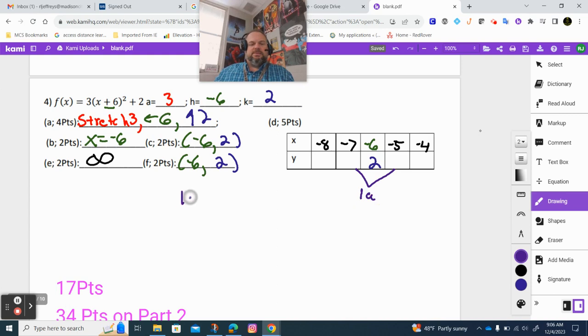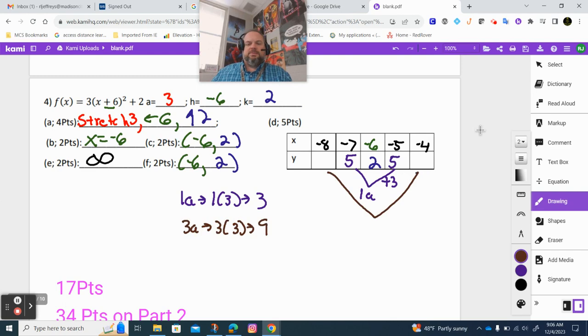So 1a is 3. So what is 2 plus 3? 5. All right. 3a is 9, so this will be 14.